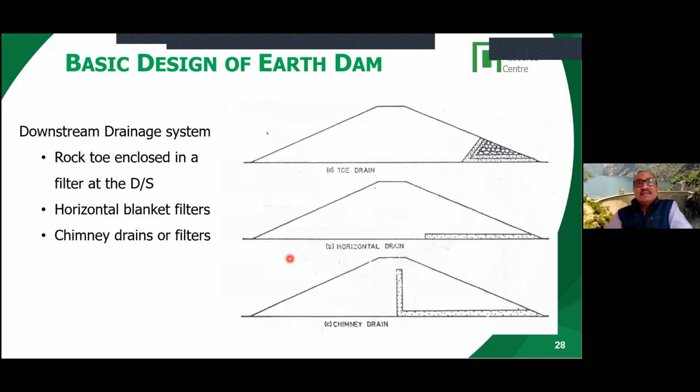And regarding the downstream drainage system, you can have different types of drainage systems, what is known as the toe drain or rock toe enclosed in a filter at the downstream side. Horizontal blanket filters are horizontally placed on the base of the dam, and chimney drains have a vertical layer, a pervious layer and a horizontal layer.